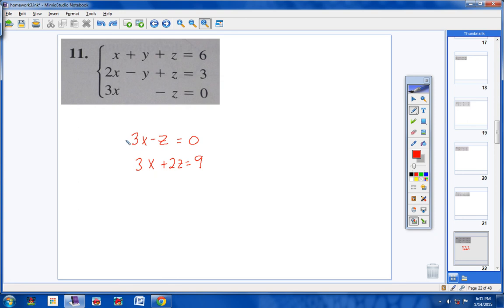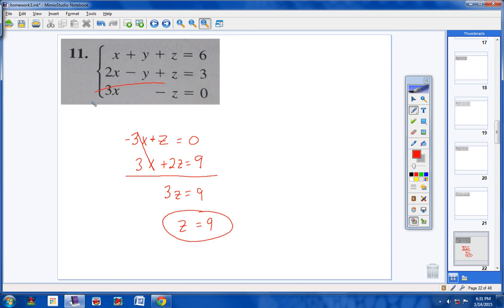So this 3 becomes negative, the z becomes positive, and the 0 here, you can make it positive or negative. It really doesn't matter because it's 0, okay? So let's go ahead and combine these. These cancel. Z plus 2z is 3z. 0 plus 9 is 9. Divide both sides by 3, and z equals 3, okay? Now, you can take any of these equations that have an x and a z and put 3 in for z and solve for x.